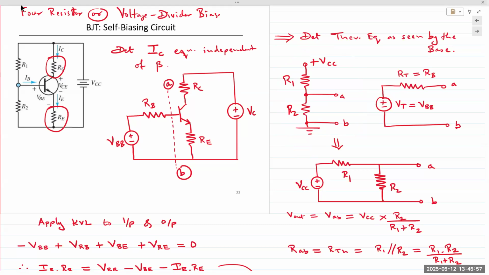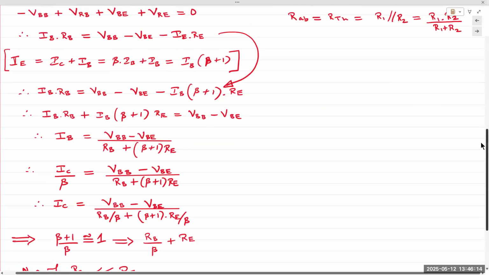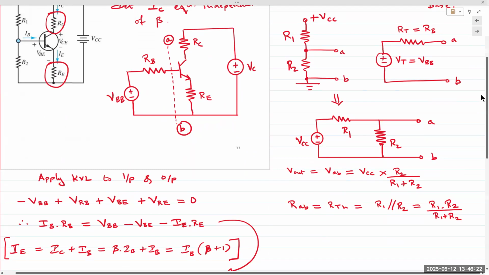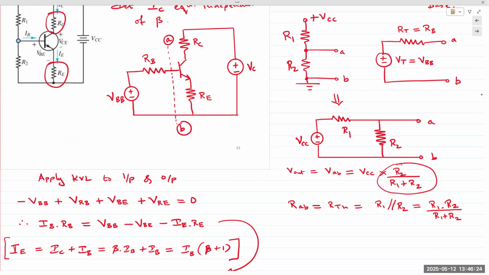If you'll recall the BJT amplifier circuit, it had two resistors, RB1 and RB2. Those correspond to R1 and R2. They form a voltage divider network, so the voltage applied to the base is a fraction of VCC. That fraction depends on the values of R1 and R2.